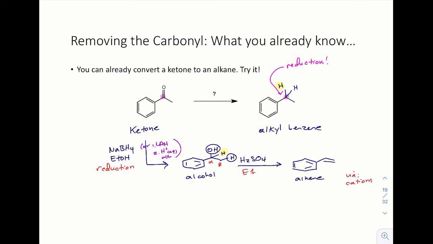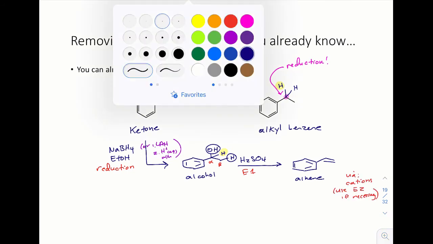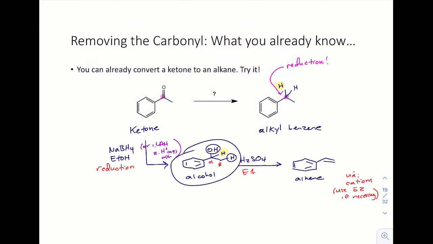And if it does, use E2. It would just be more steps because you first convert the alcohol to a good leaving group and then eliminate with a strong base. Finally, that second reduction takes place with hydrogen gas in the presence of a palladium on carbon catalyst, to actually add H2 across both carbons of the alkene.